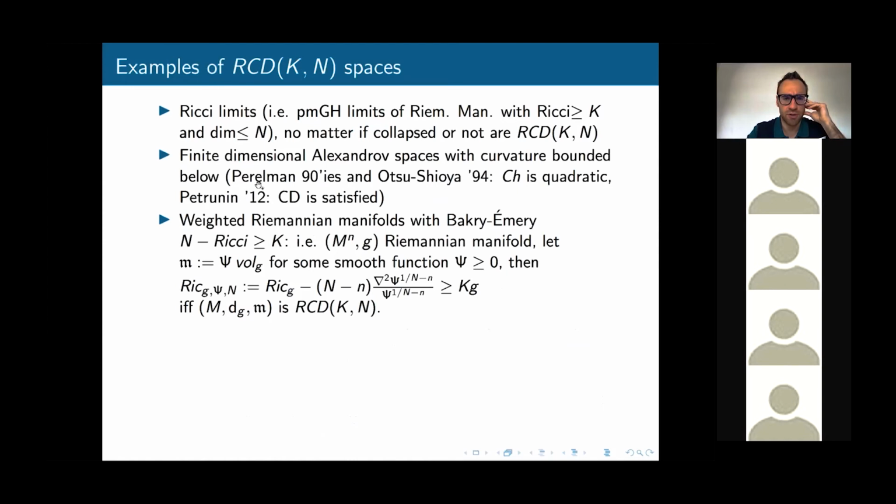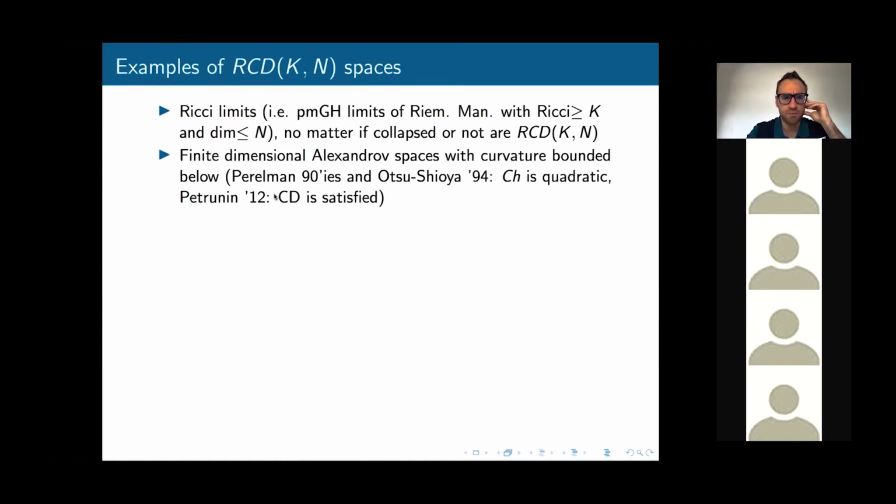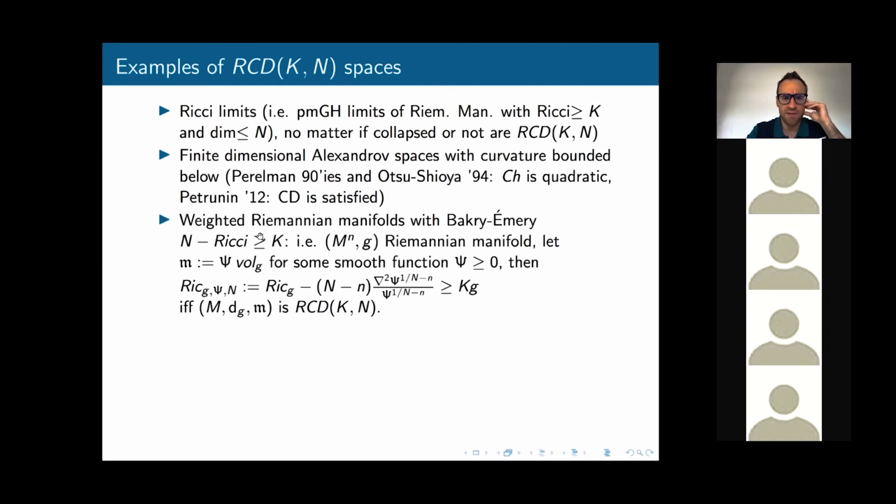Okay, so this was about the Alexandrov spaces. Now, if instead you are interested in weighted smooth Riemannian manifolds, then they fit very well in the RCD(K,N) framework.